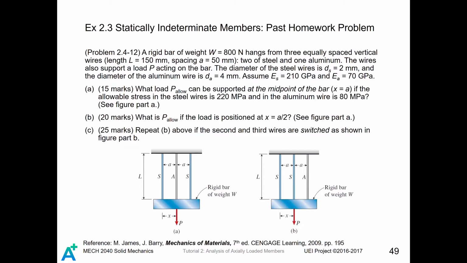For this problem, we will mainly adopt geometry to solve the problems. First, let's get familiar with this problem. A rigid bar of weight 800 newtons hangs from 3 equally spaced vertical wires. Two of them are made of steel, while one of them is made of aluminum.